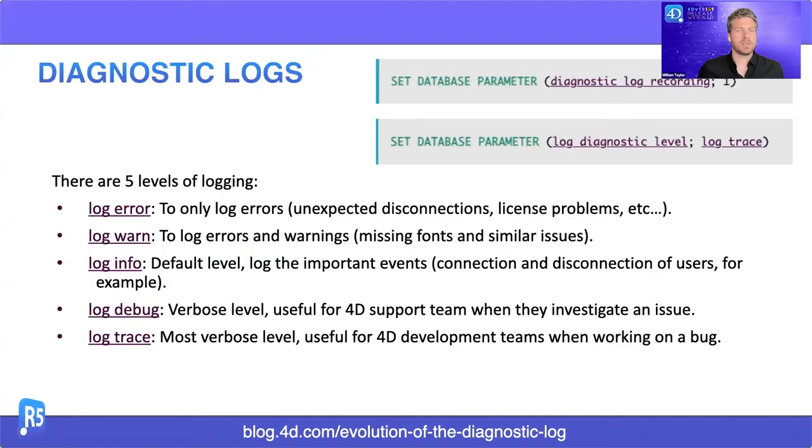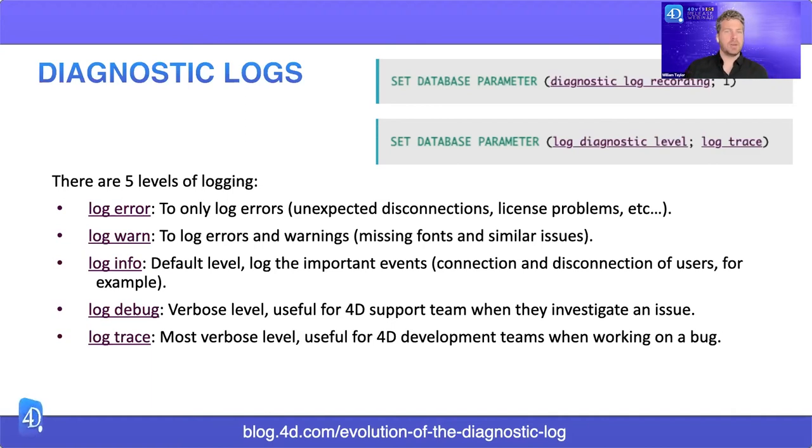And diagnostic logs have become more and more critical for troubleshooting. We've reorganized them entirely by improving their content and adding a way to filter the content level. Now the new log levels are errors, warnings, info, debug, and trace.